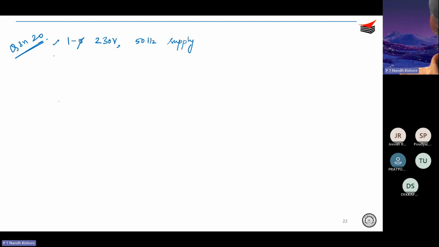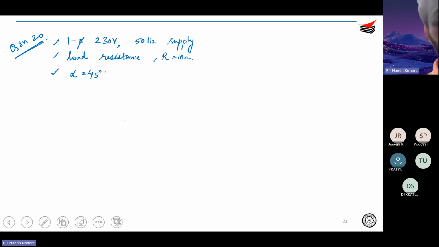I'm just writing the parameters. Load resistance R is 10 ohms, and alpha is 45 degrees, the firing angle is 45 degrees. Assume continuous conduction.